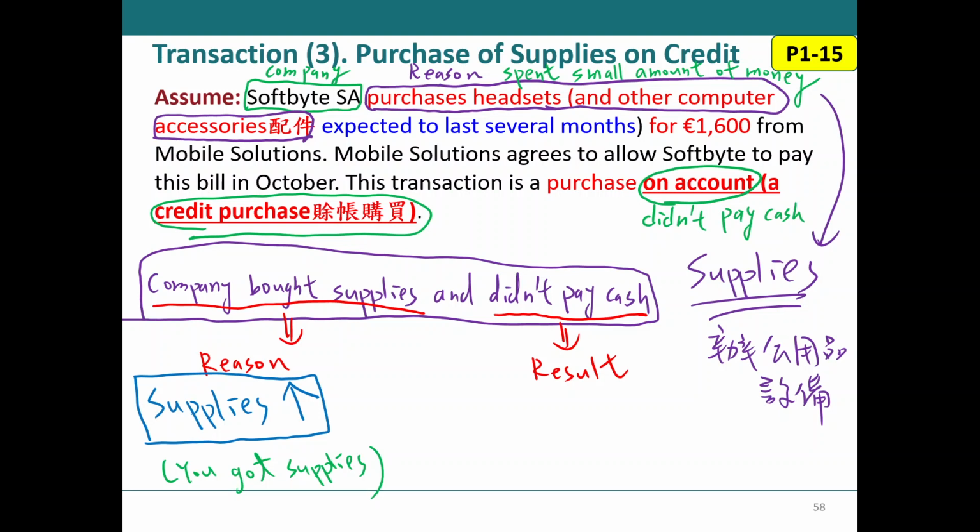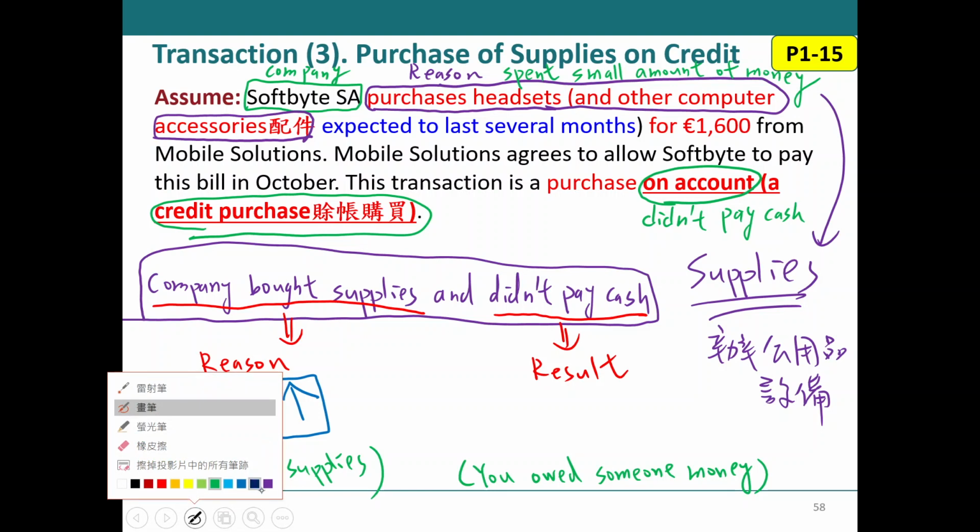No. You didn't pay the cash means what? You owe someone money. That's your liability, right? So that's your liability.